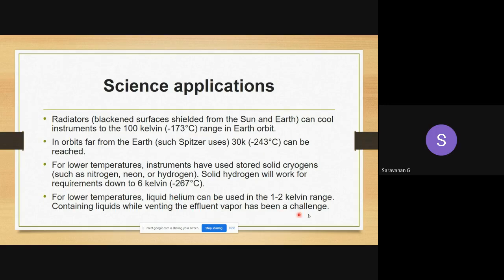If we want to maintain 1 to 2 Kelvin using liquid helium for these instruments, the only challenge is venting of the effluent vapor, the exhausting vapor, which has been a very important challenge compared to using instruments at lower temperatures with radiators.